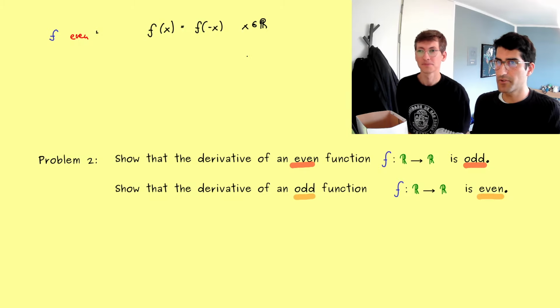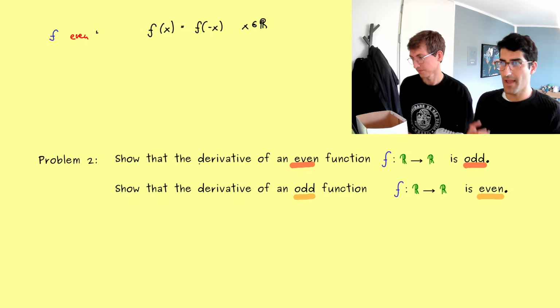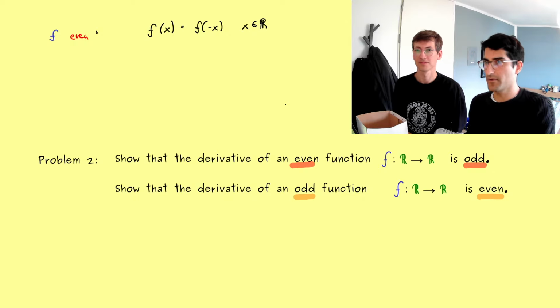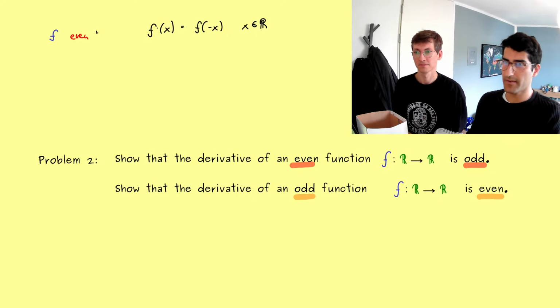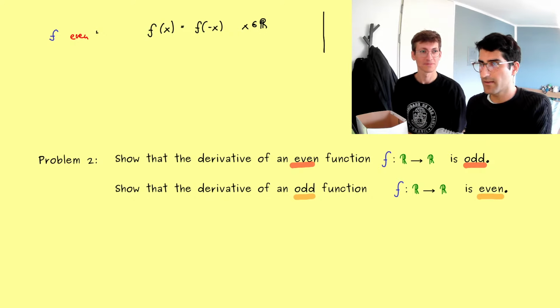So this is a symmetry property that tells us that we have some axial symmetry with respect to the y-axis. So it does not matter whether we are left or right from the y-axis, our function is even. And well, the example that I always have in mind is, well, just our square function.